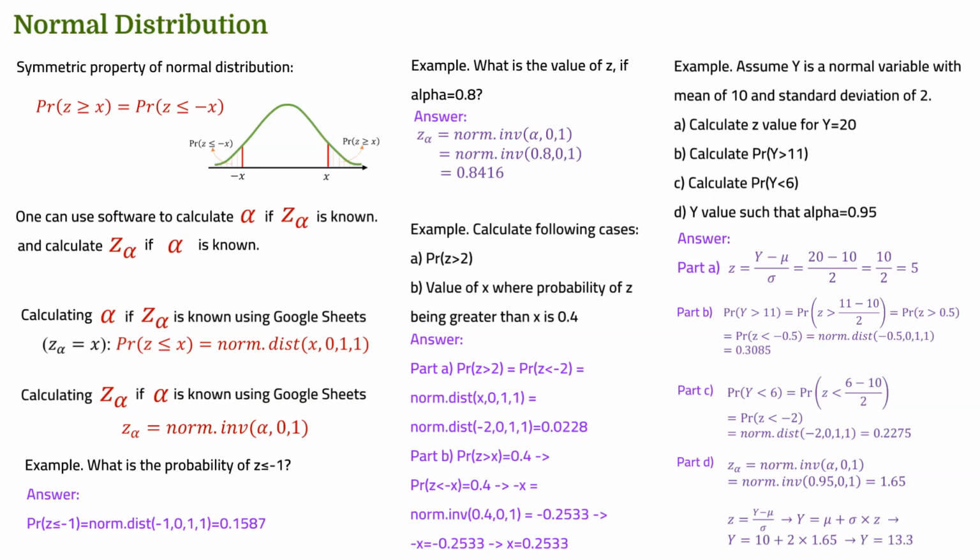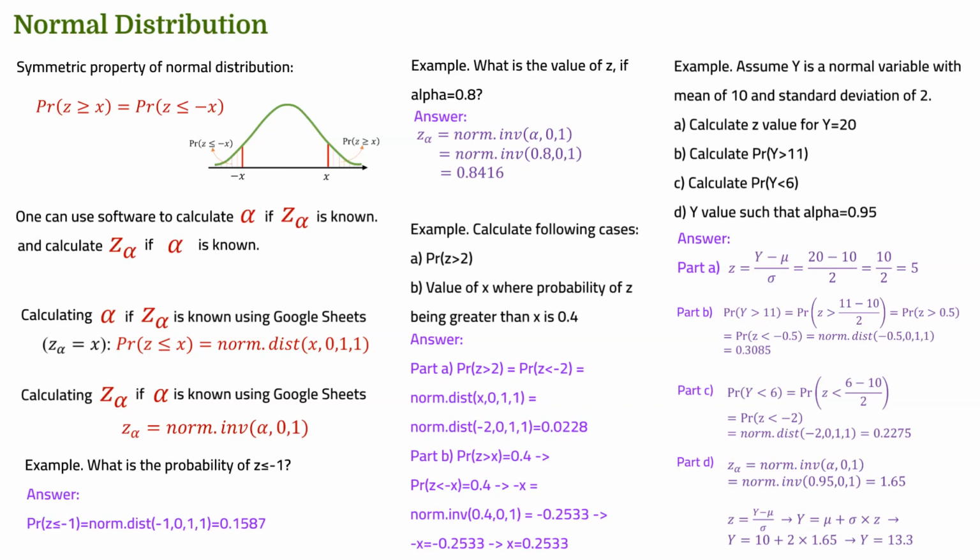For part D, Z alpha is norm.inverse of alpha, and if you write in Google Sheets norm.inverse inside parentheses 0.95, comma 0, comma 1, it will be 1.65. So Z value for 0.95 is 1.65.